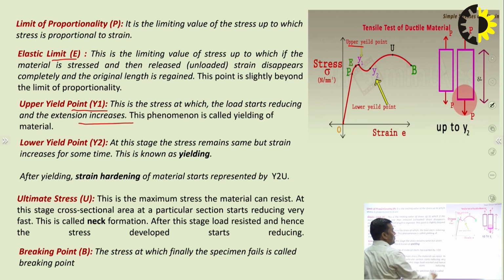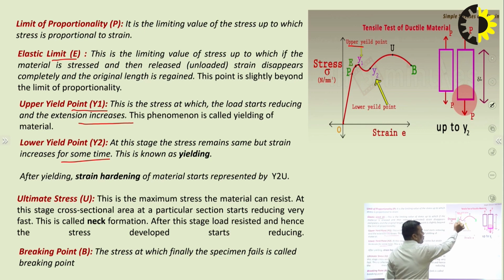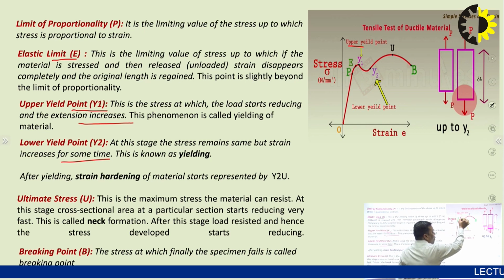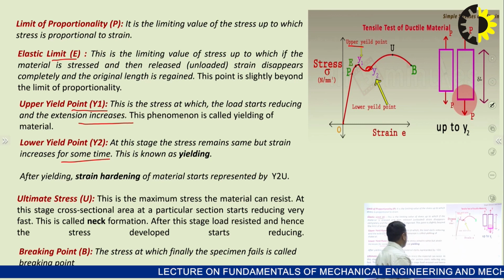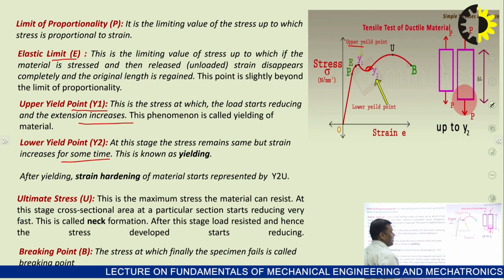Then another point is there, that is the lower yield point. At this stage the stress remains the same but strain increases. As we are observing, the stress is slightly decreasing, but the deformation in the mild steel is more as compared to the change in strain or change in stress. So mild steel is reaching the point Y2, which is known as the lower yield point.